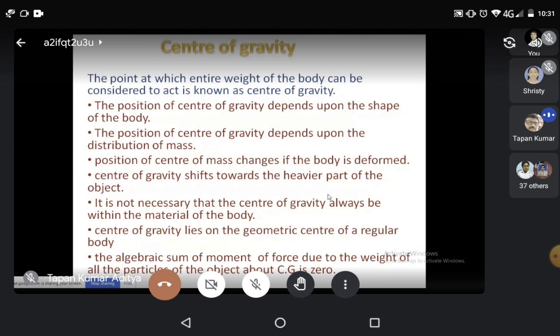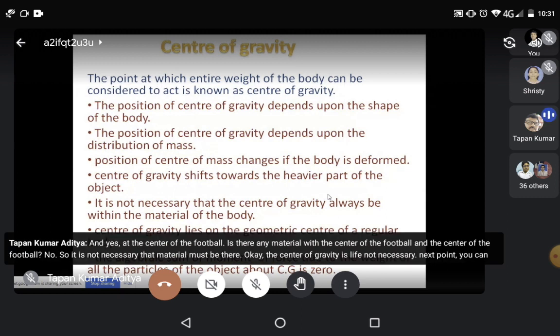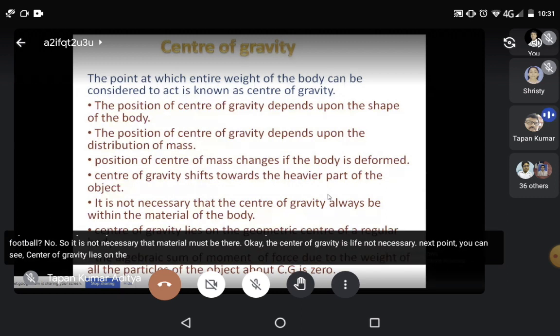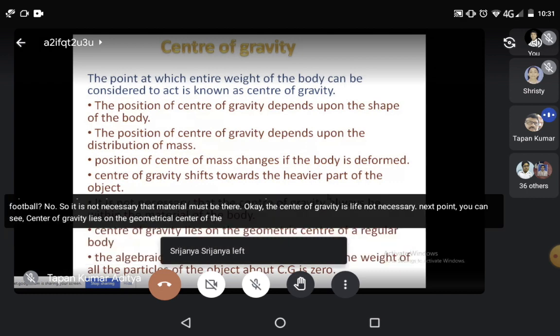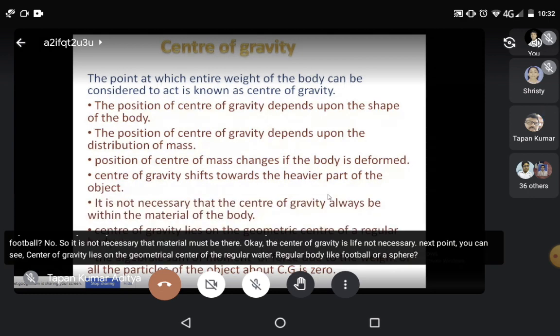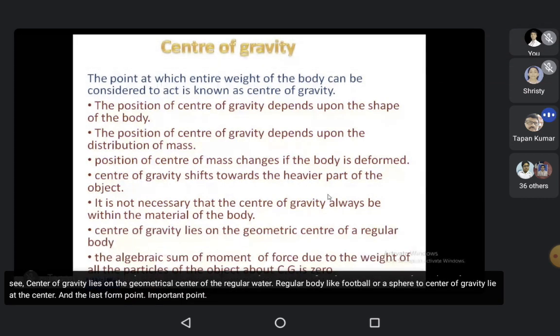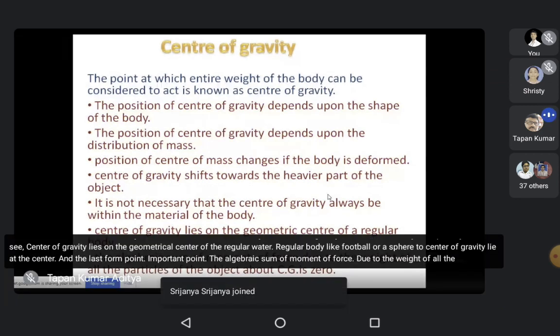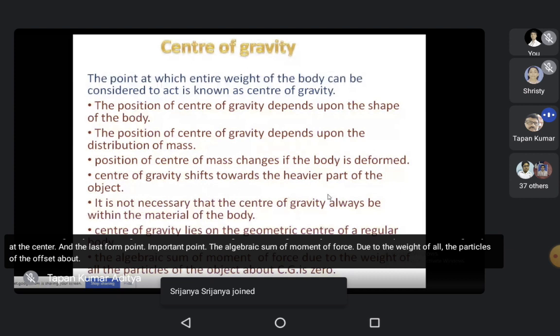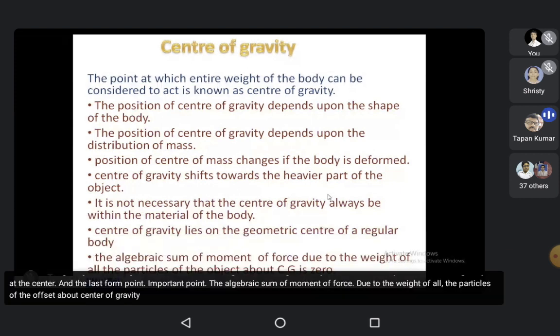Next point you can see, center of gravity lies on the geometrical center of a regular body. Regular body like a football or a sphere, the center of gravity will lie at the center. And the last point, an important point: the algebraic sum of moment of force due to the weight of all the particles of the object about center of gravity is 0.